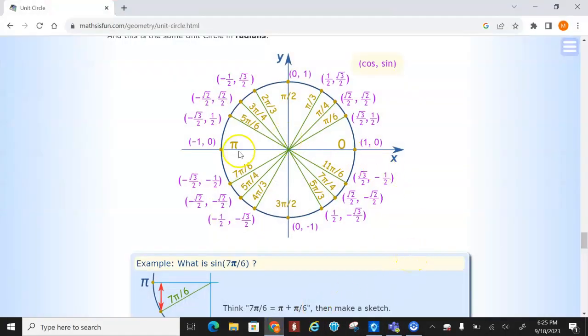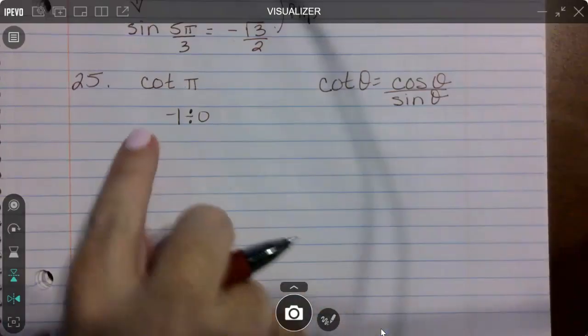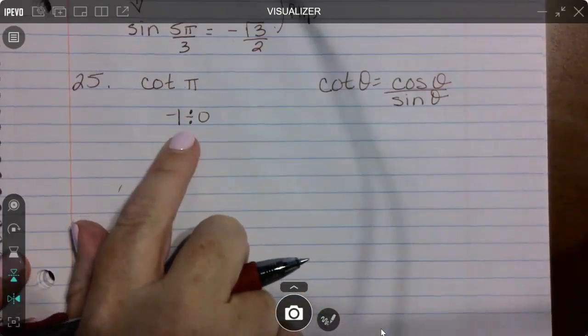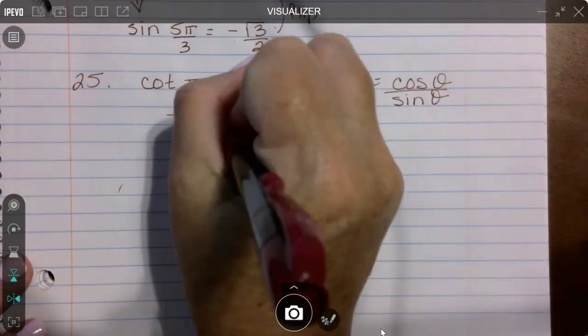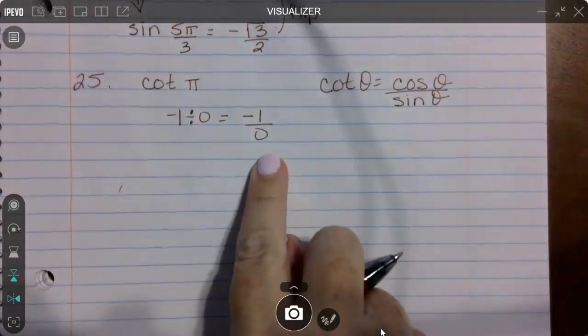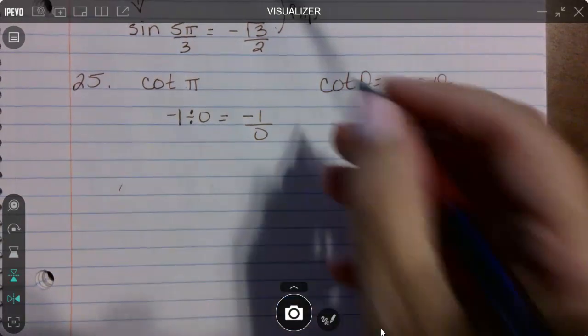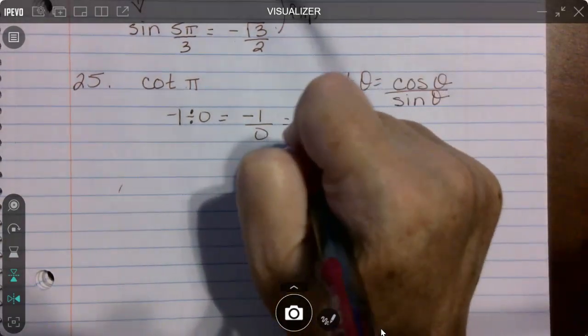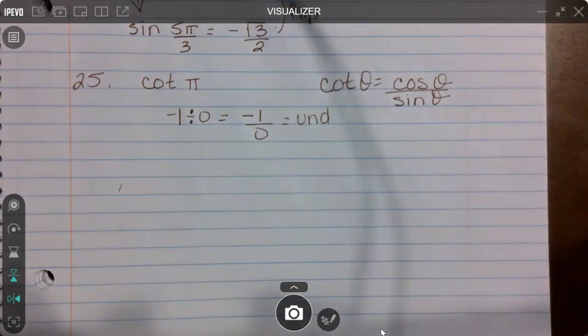And it's pi, right? So pi. What is cosine? So negative 1 divided by 0. Okay, I'll be honest, when we have whole numbers, I don't like it this way. So I'm going to rewrite it as negative 1 over 0. And when I have the 0 at the bottom, that tells me the answer is undefined.